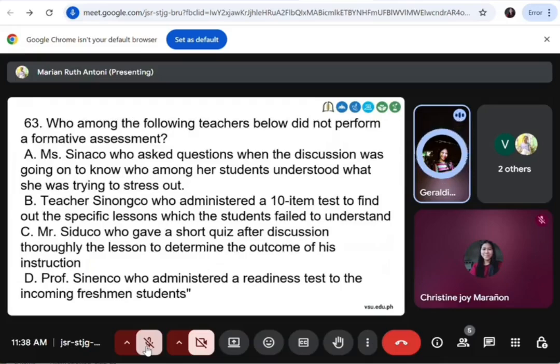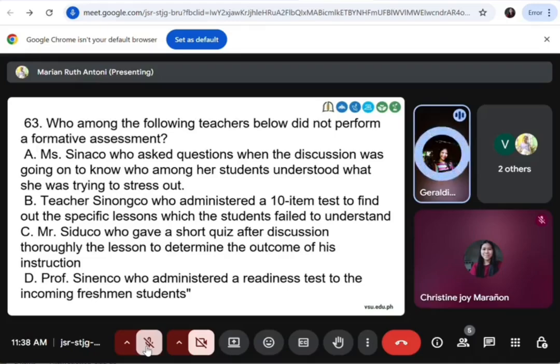Who among the following teachers did not perform a formative assessment? A. Miss Sinako asked questions while the discussion was going on to know who among her students understood what she was trying to stress. B. Teacher Sinongko administered a 10-item test to find out the specific lessons which the students failed to understand.